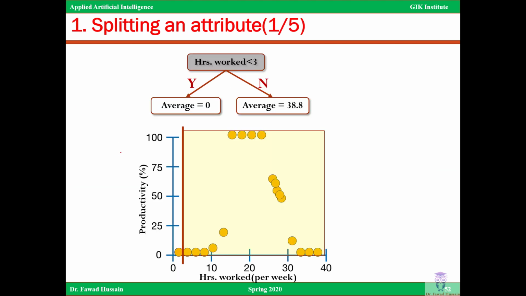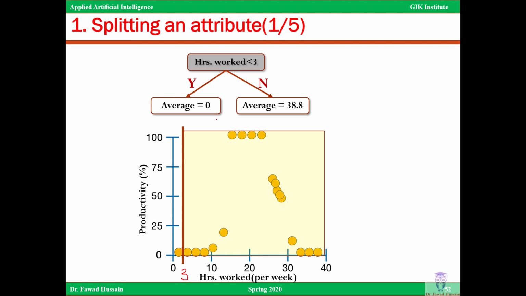How do you split? So let's take back our original data. So this was our data. Suppose I decide that I am going to split here where this value is, for instance, 3. If I'm going to split at hours worked is 3, this is what I get.